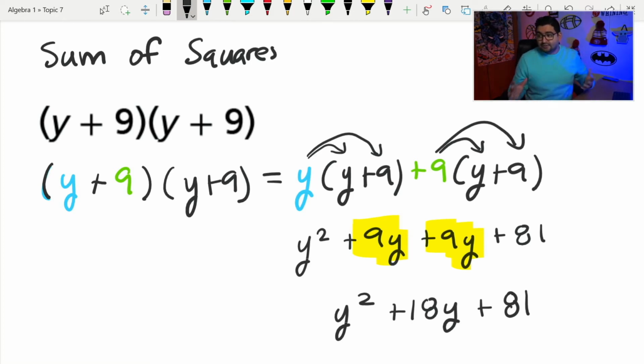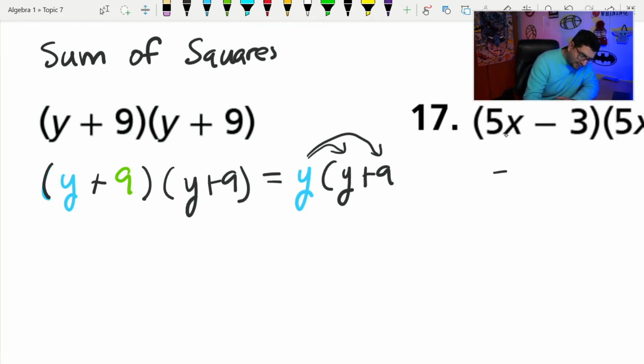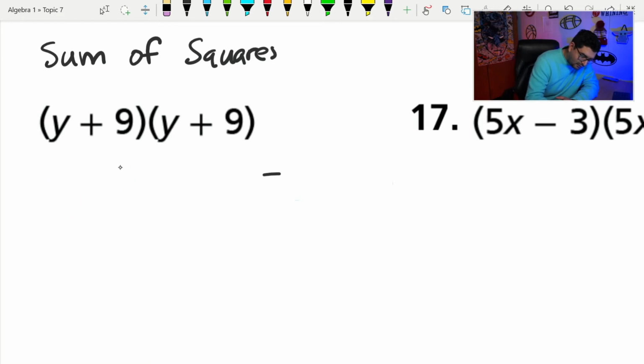Now, you could do all this work and you'd still get the question correct. But the reason why we cover special cases is that if you can identify that both of these are exactly the same, then you're allowed to take a little shortcut. You don't necessarily need to do all of this work, and we're allowed to cut some of it out.